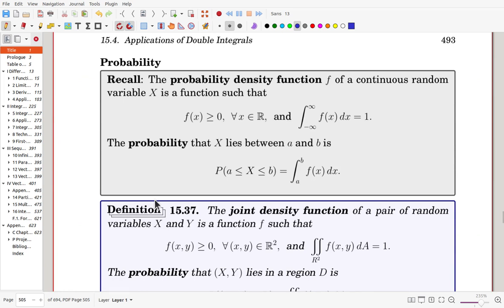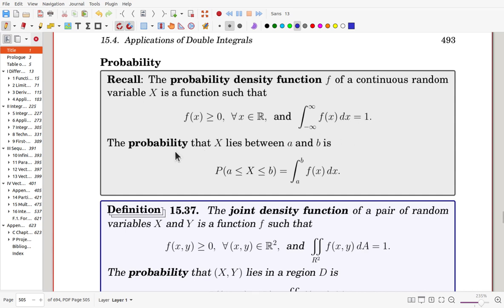Now we'll apply the double integrals for probability. We have a recall here. The probability density function f of a continuous random variable x is a function such that at every point the function is non-negative and the integral over the whole real line must be 1.